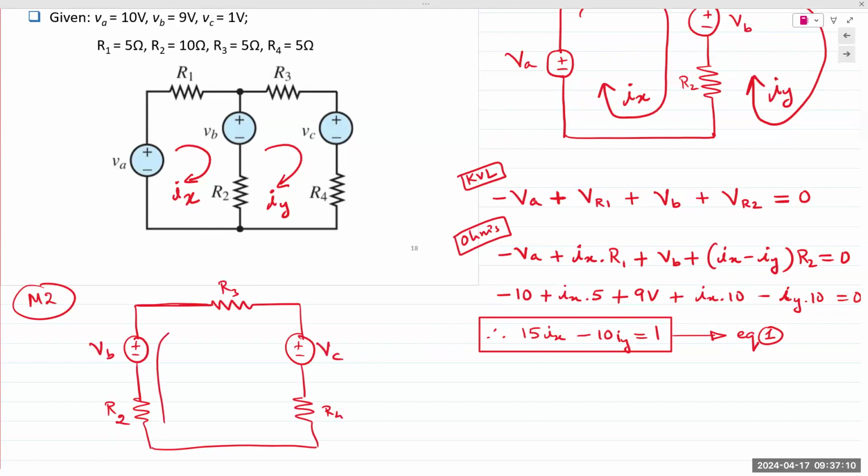And of course, our mesh current, IY, and IX.